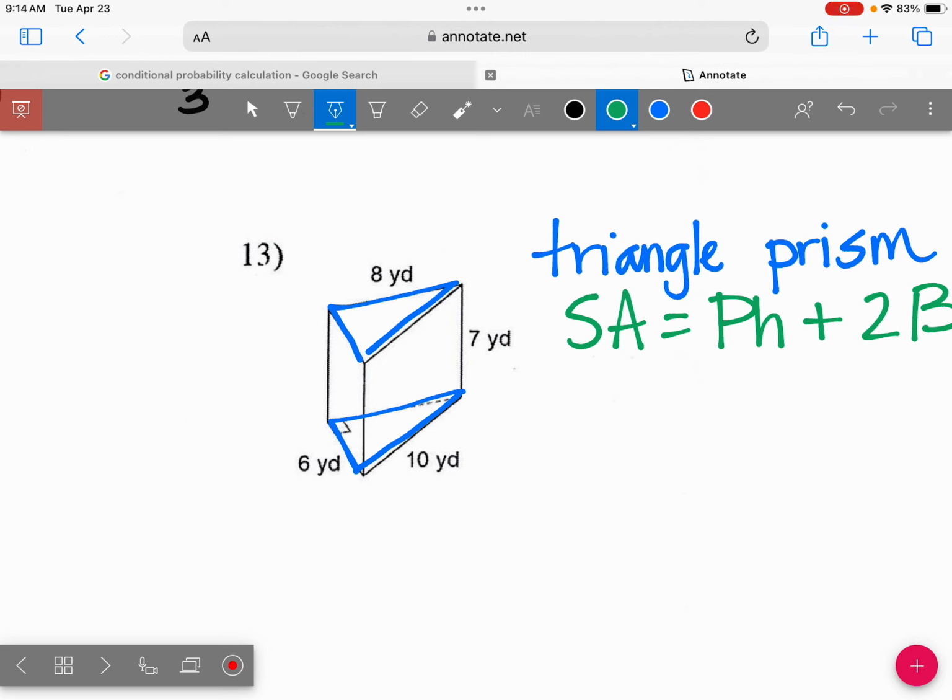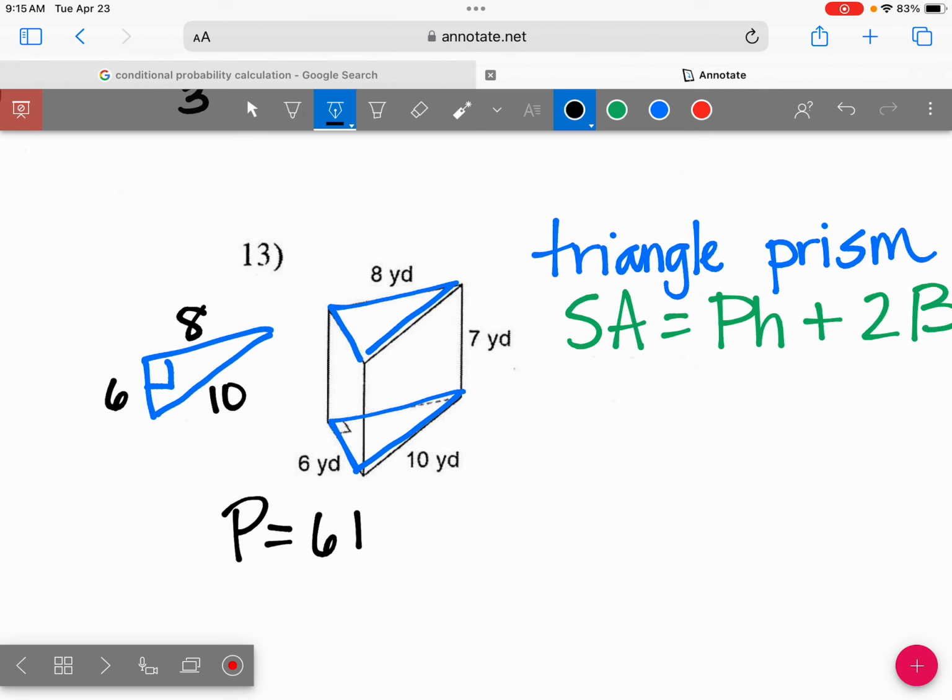So does everyone see we have this triangle? I'm going to just redraw the triangle over here. This is my triangle, and it's telling me that this side is 8, this side is 6, and this side is 10. To find the perimeter, you just add up all the sides.